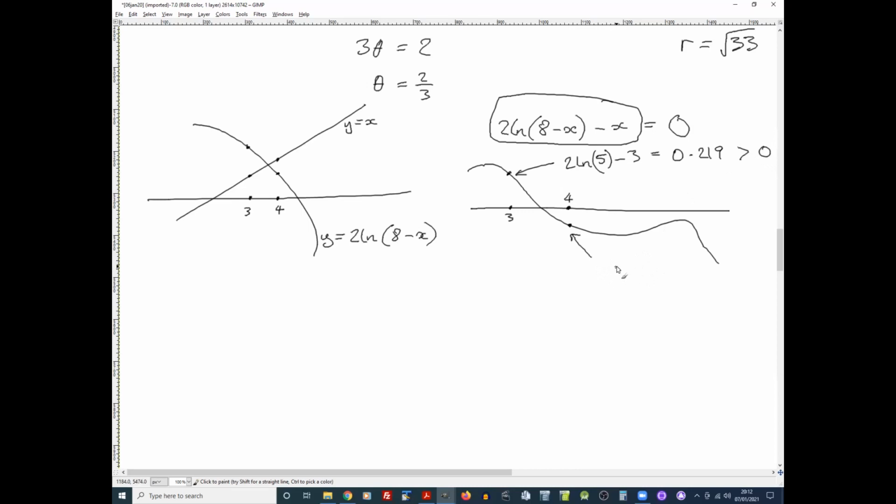And then the other one would be for value 8 minus 4, so 2 log 4 minus 4, which is minus 1.23, which is less than 0.